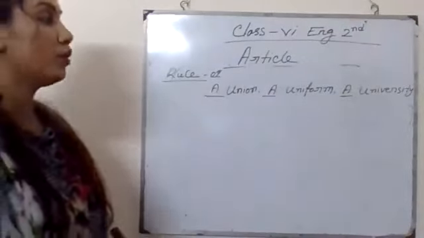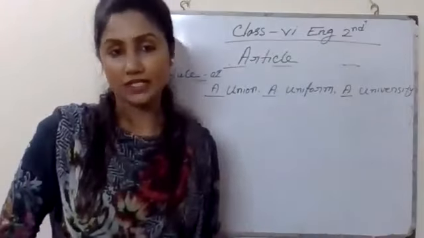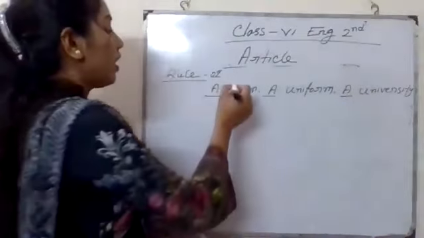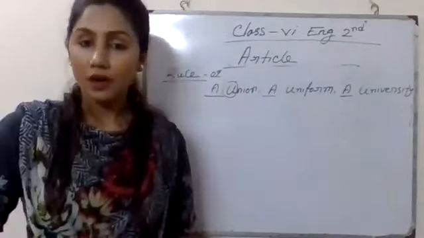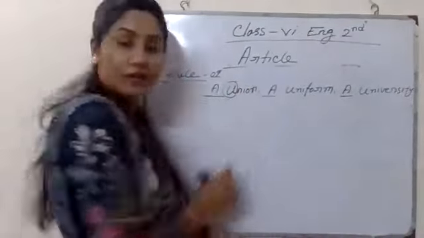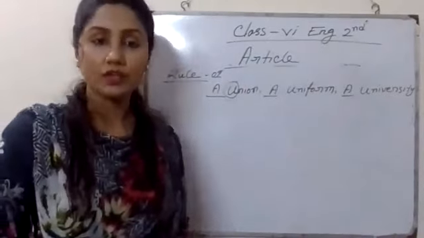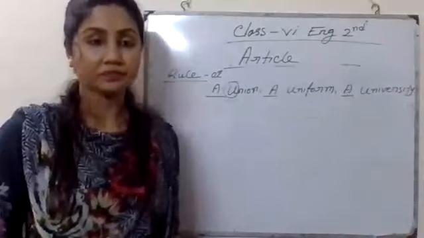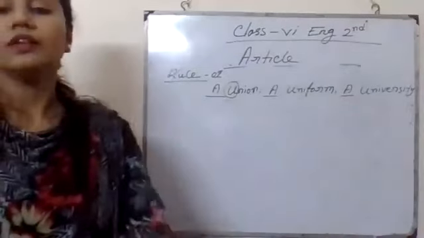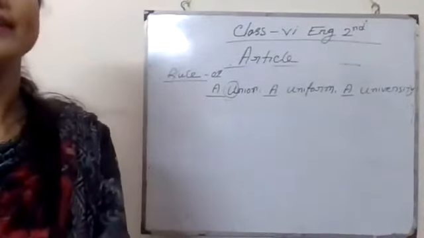Union, uniform, university. I have just told you that if a word starts with a vowel, and U is obviously a vowel, but why are we using A here? Why are we using A here?